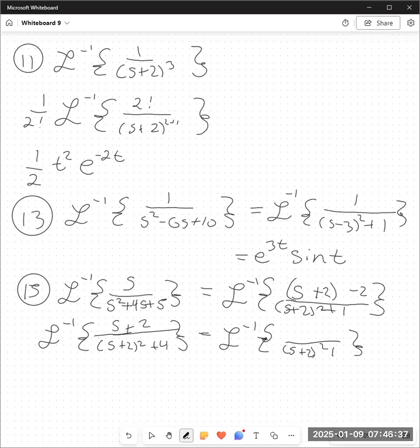Plus 2 plus 1 is 1, and I'll pull the 2 out. So this is cosine of 2t, and it's an e to the negative 2t multiplied. It's a 1.